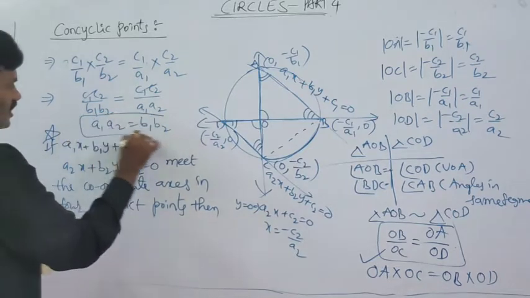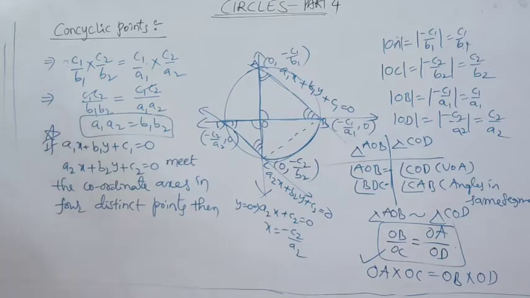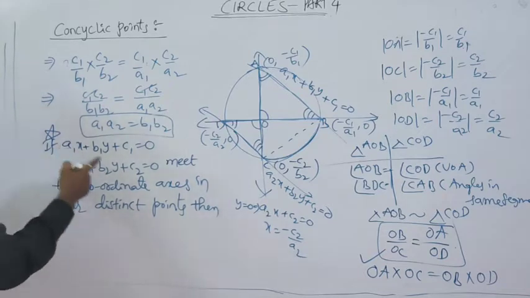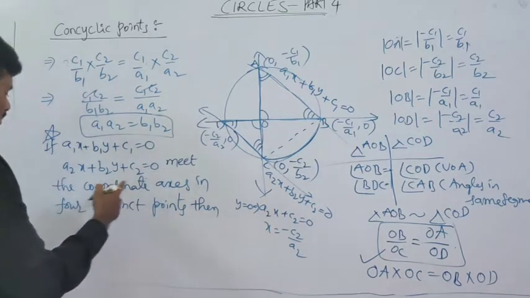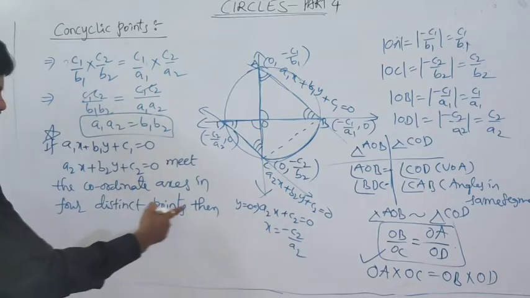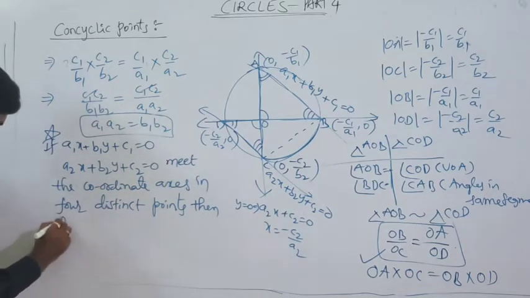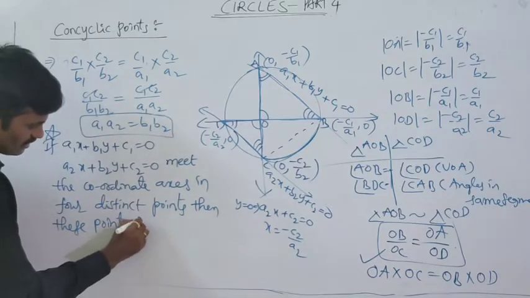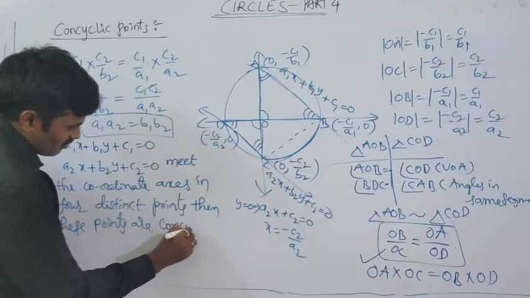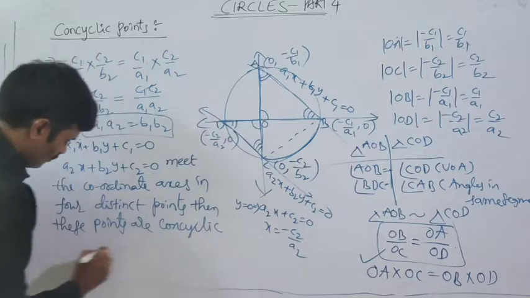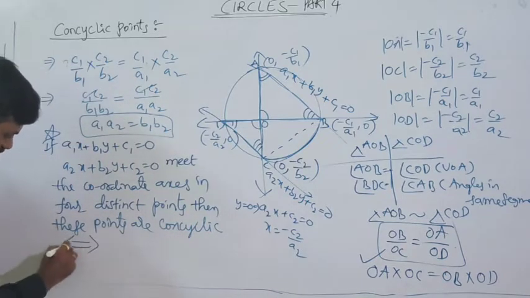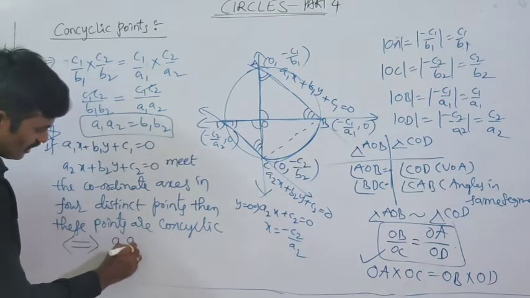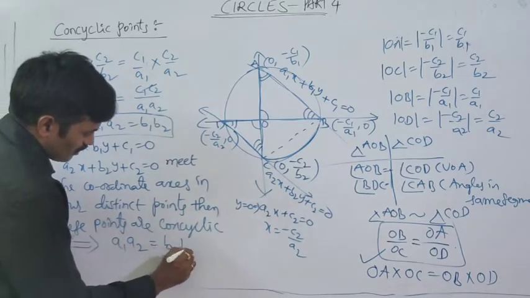This is the condition to satisfy if the two lines cut the coordinate axes in four distinct points, then these points are concyclic, if and only if a1 a2 is equal to b1 b2.